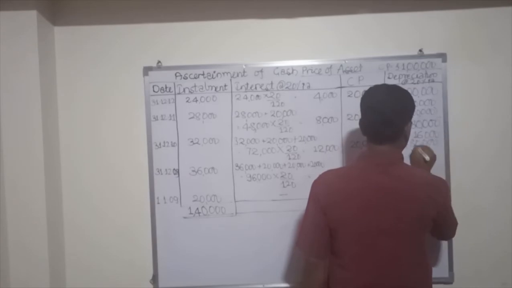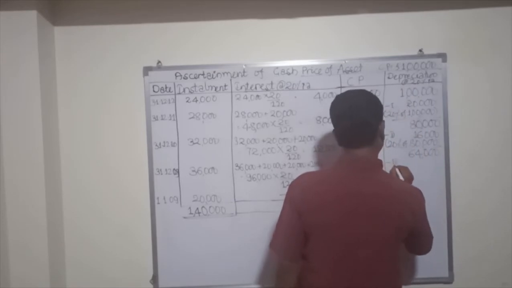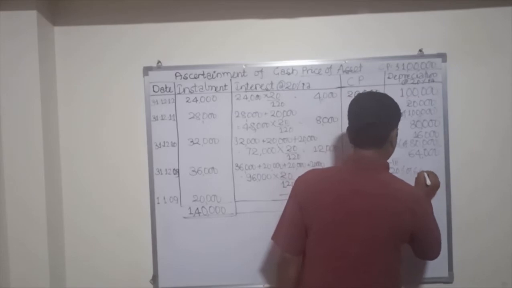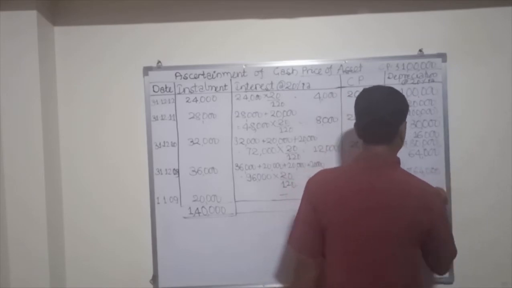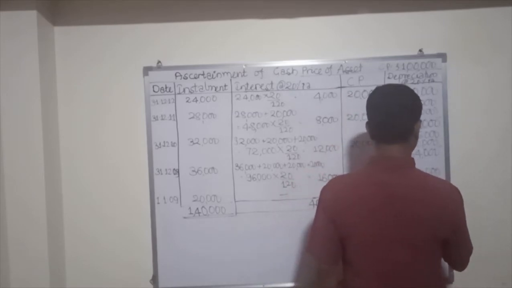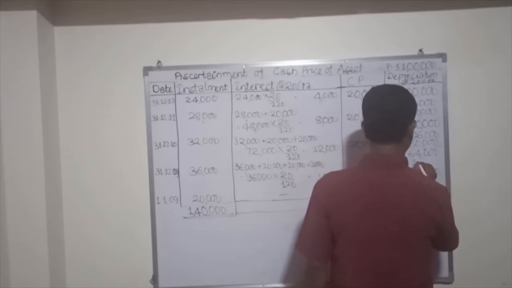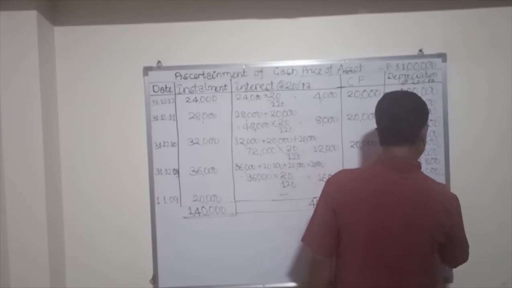So the difference here is 64,000. When we calculate for the third year, 20% of 64,000 is 12,800.